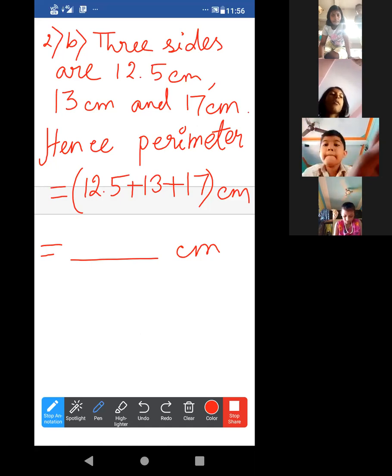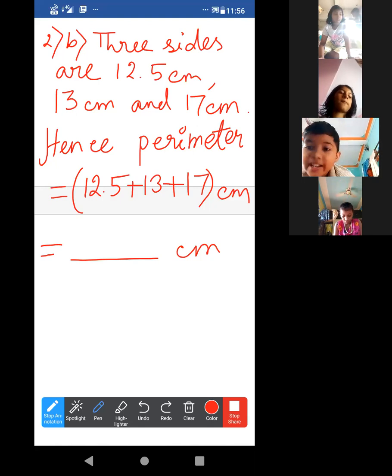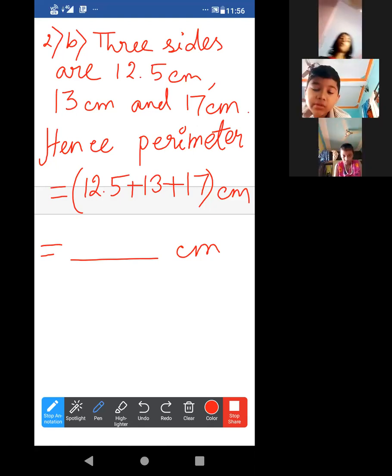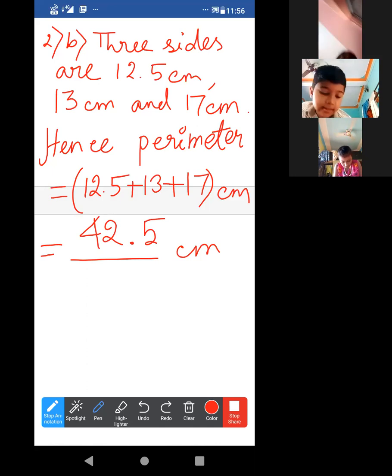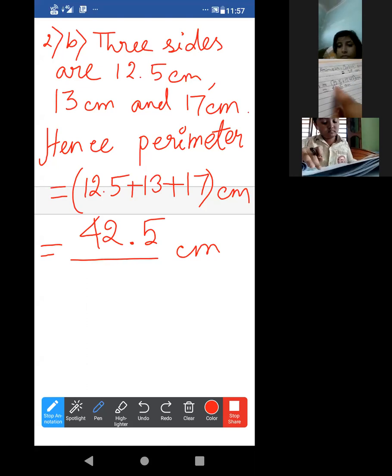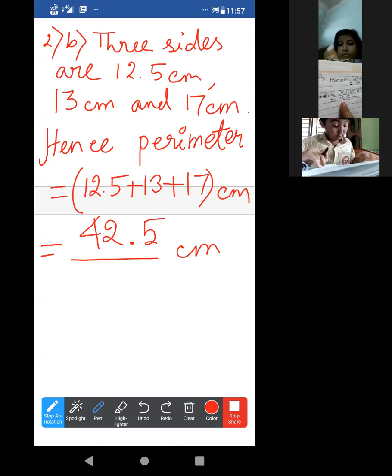Ha, Shifat said. 42.5? Shifat, whether it will be correct or not, 42.5. Check, yes or no? Shirin, good. Yes, Shifat, good.